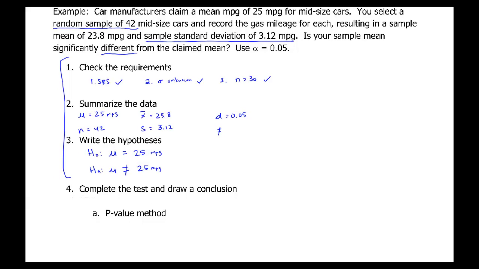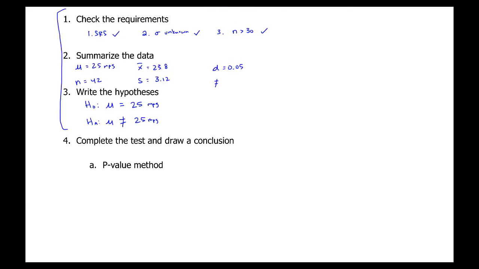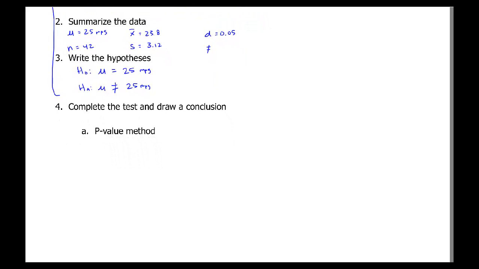So we're going to do the p-value method first. In the p-value method, we need to calculate a value of t, our test statistic, and then find a value of the p-value to go with that.